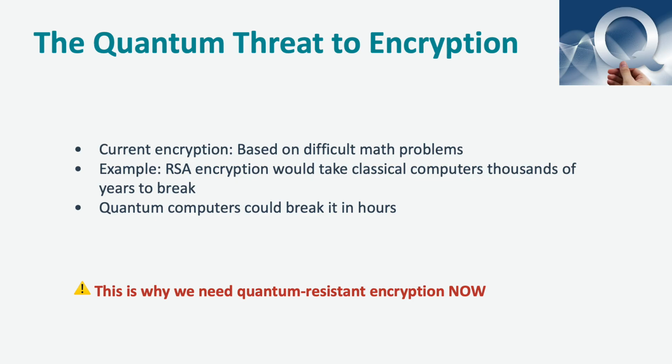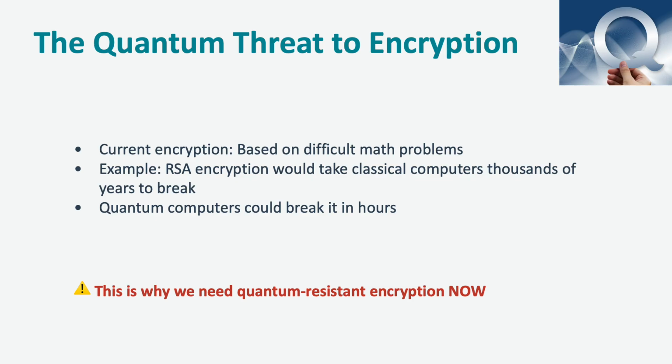In 1994, mathematician Peter Shor developed an algorithm that would allow a sufficiently powerful quantum computer to factor these large numbers in just hours or even minutes. This is genuinely alarming because it means that quantum computers could break most of the encryption currently protecting our digital world.